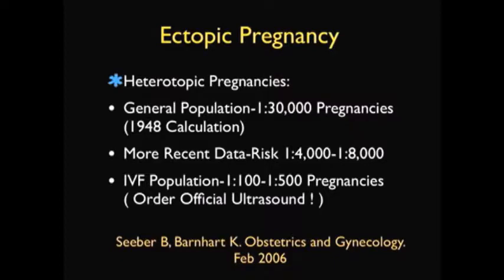In the general population, the risk is now thought to be as high as 1 in 4,000 to 1 in 8,000, but in the in vitro fertilization population, it can be as high as 1 in 100 to 1 in 500. In this patient population, it's always important to get an OBGYN consult, even if you see an intrauterine pregnancy, as the risk of heterotopic pregnancy is relatively high.